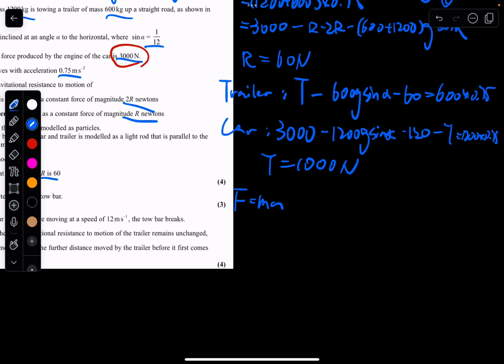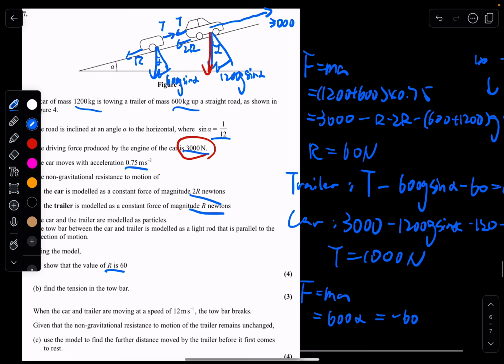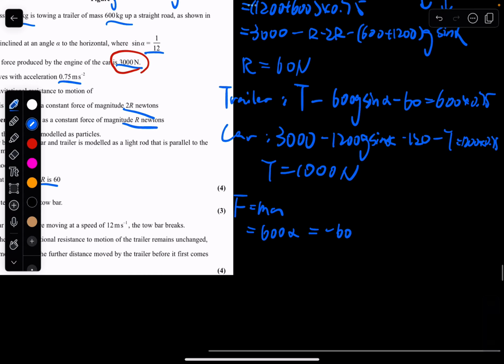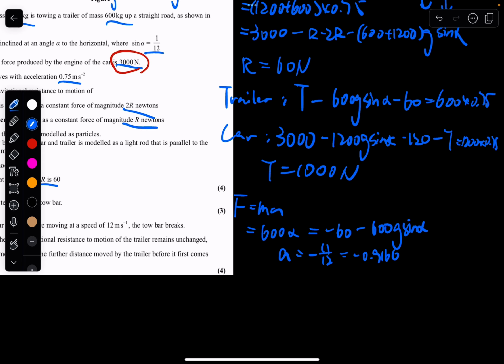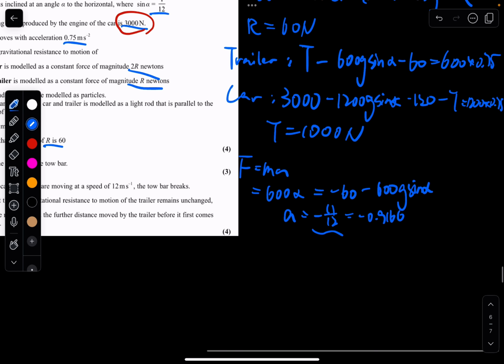F equals ma would equal 600 times a, and it will equal all the forces summed together. So it should be minus 60, which is resistance, and then minus 600 g sine alpha. If we solve this, we would get a is negative 11 over 12, which is around 0.9166. But we should use this to calculate.